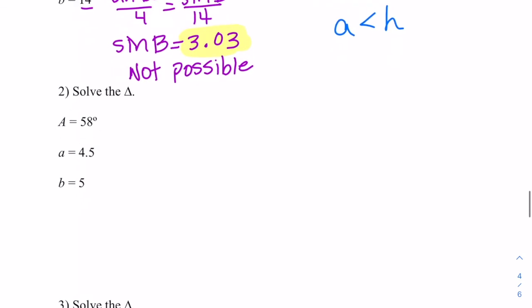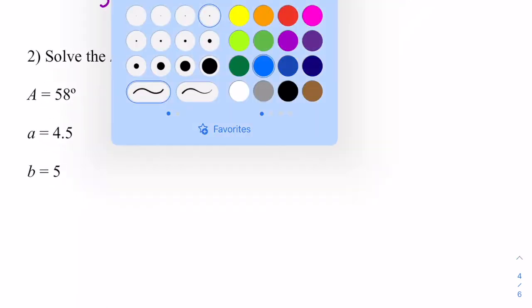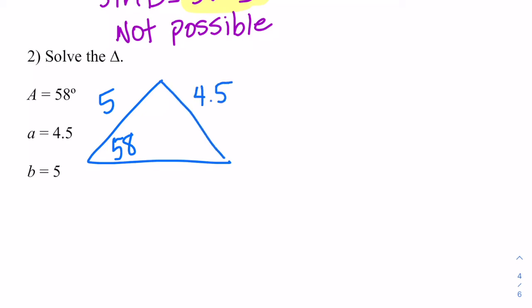All right, let's look at the second one. So for this triangle, we're given that the sides are 4.5 and 5. And again, this angle here is 58. So the adjacent side is 5. The opposite side is 4.5. So when we figure out the h, the adjacent side times sine of 58, that's about 4.24.